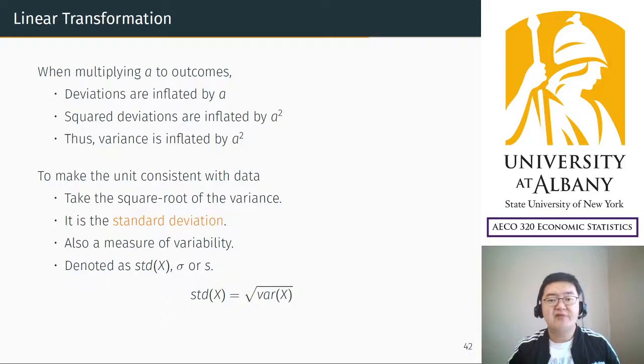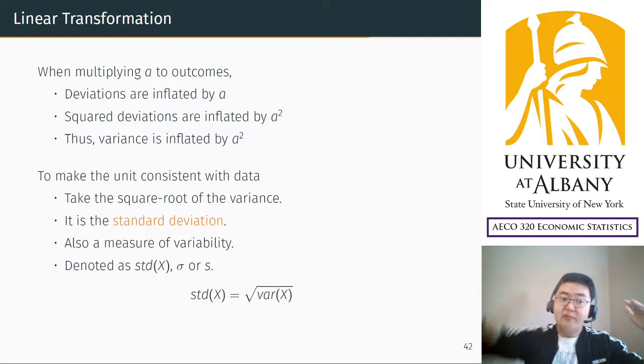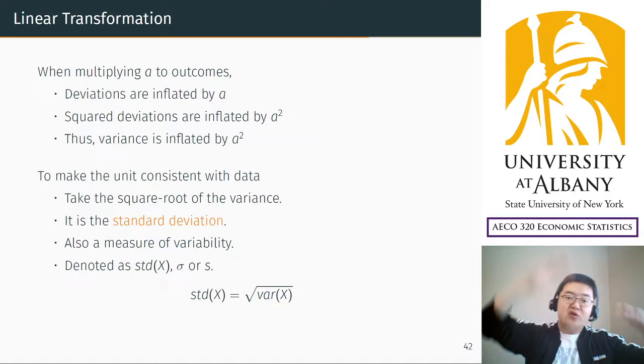Then the variance changes more than your price index. So that means the unit is not preserved. The unit of the variance is not consistent with your data. When you multiply by 2, the variance increases by 4. So you cannot match the unit.